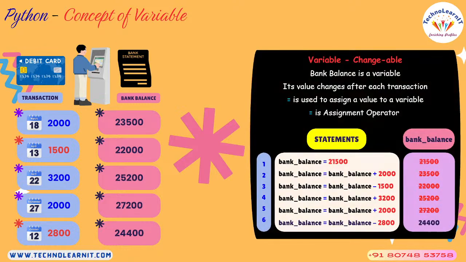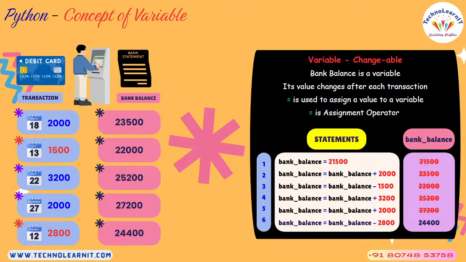And in this example, bank balance is a variable and its value changes after each transaction, whether it is a credit transaction or a debit transaction doesn't matter, but its value keeps changing after each transaction, right? So, interestingly, in the concept of variable, the variable name can appear both on the left hand side as well as on the right hand side of the assignment operator.